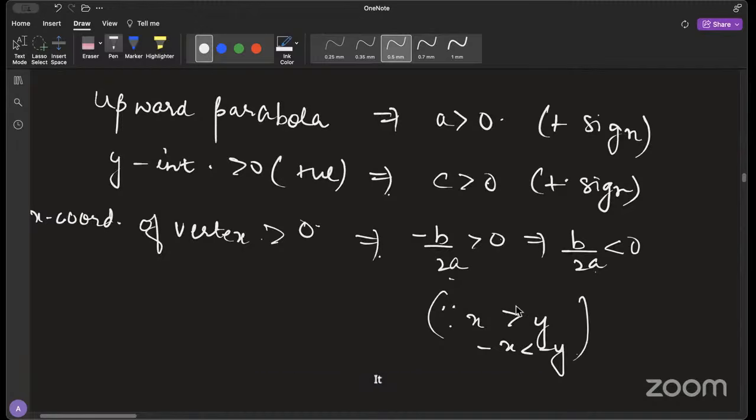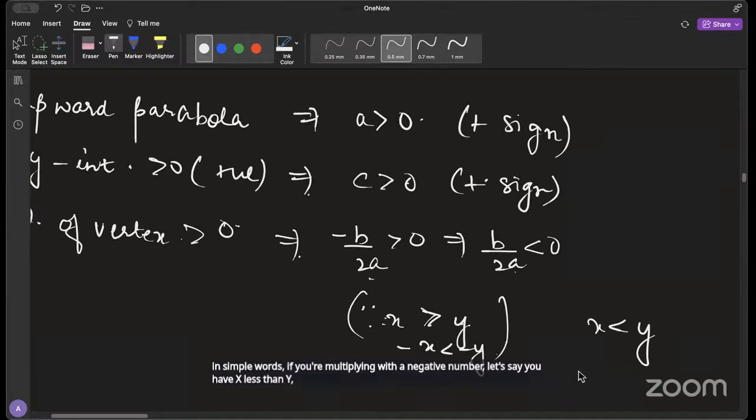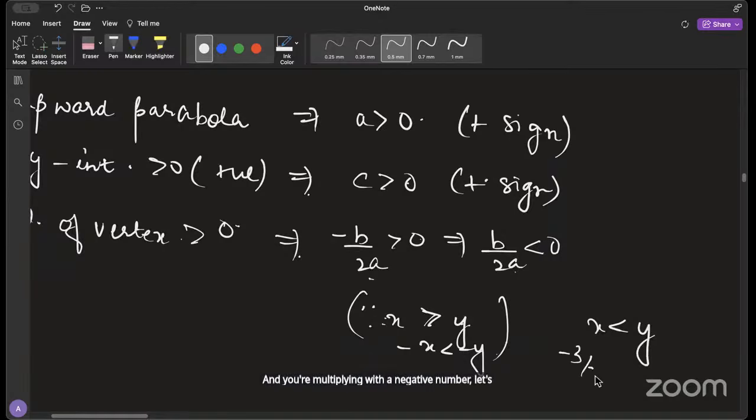It's just that the inequality changes if you're putting a negative on both sides. In simple words, if you're multiplying with a negative number, let's say you have x less than y, and you multiply with minus 3 by 2, then minus 3 by 2 x is greater than minus 3 by 2 y. The inequality changes.